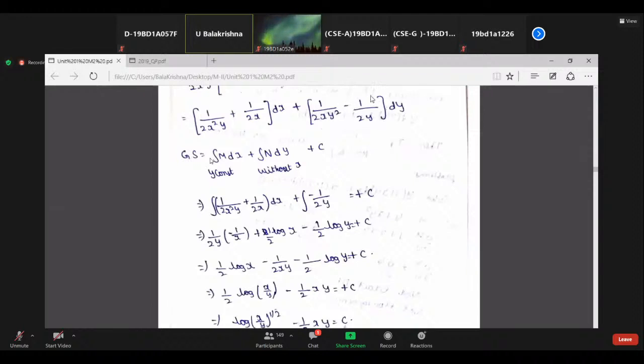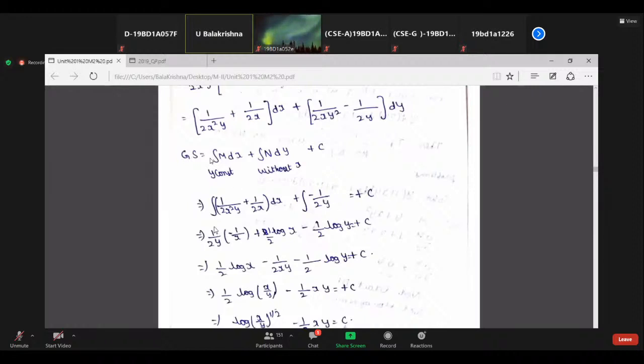In the second term there is no x term, whereas the first term has x. So you should consider the N terms which are free from x, so here you should consider minus 1 by 2y. Whereas in the previous cases there was no term free from x, so we took it as 0.